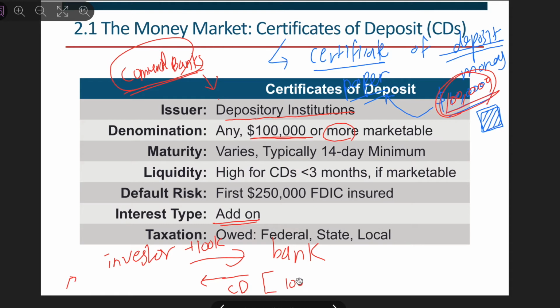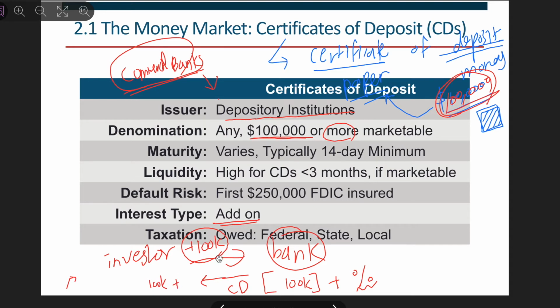There is a 100K deposit in the account, and the bank is using this deposited money to invest or lend money to different commercial companies. So the interest type is, if you put 100K, it will be added. Some percentage of your deposit will be rewarded with interest, so we have it add-on. In return, you'll get 100K plus.